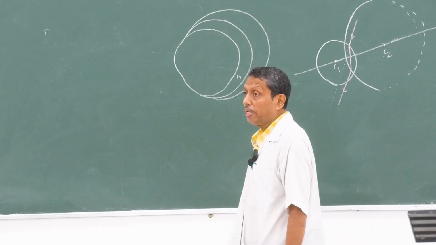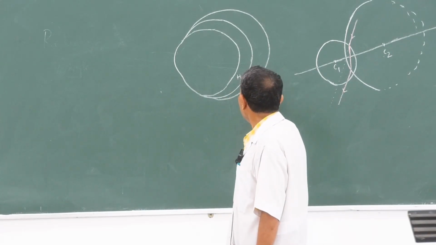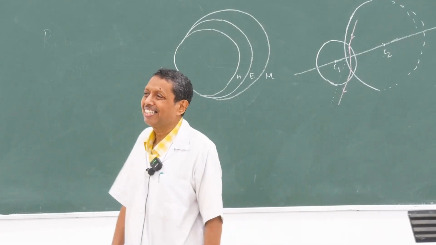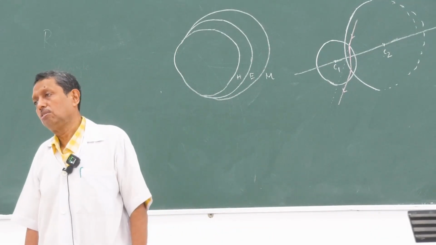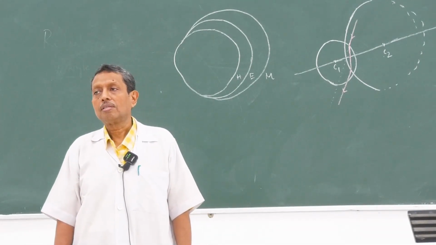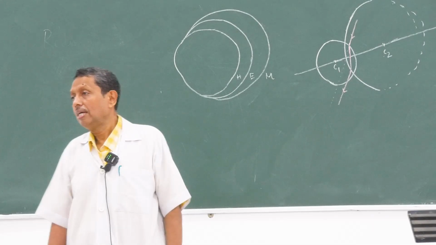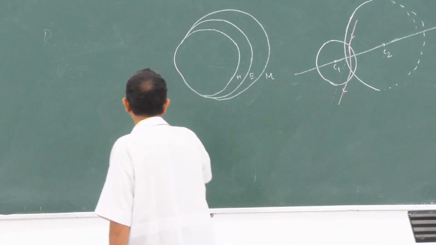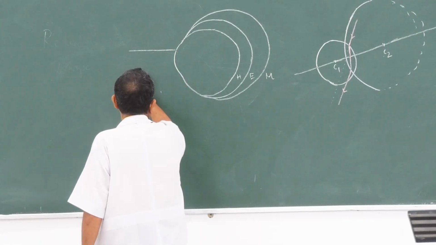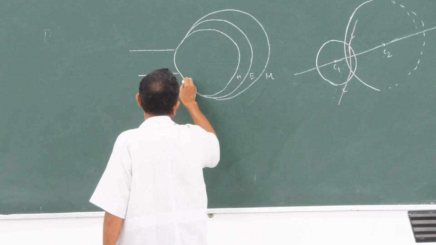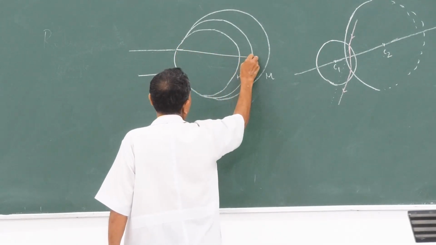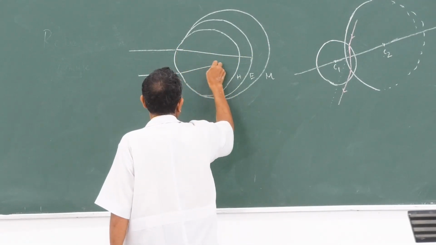Hyperopia or hypermetropia, emmetropia and myopia. You will see in clinical texts they are explained like this. In a normal individual, the emmetropic eye, parallel rays coming from a distance are focused at the retina.